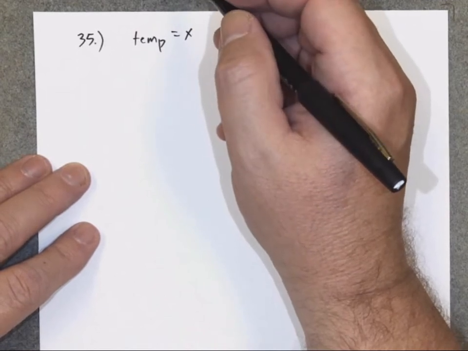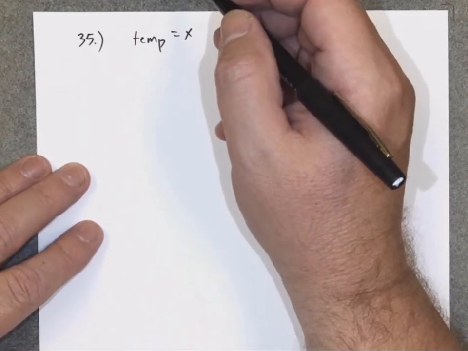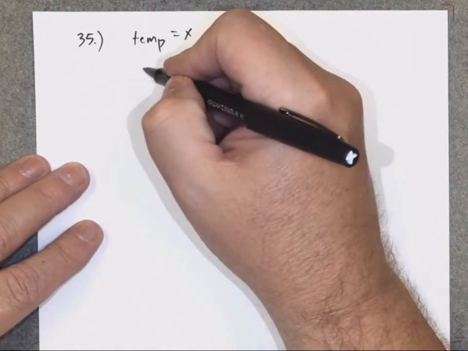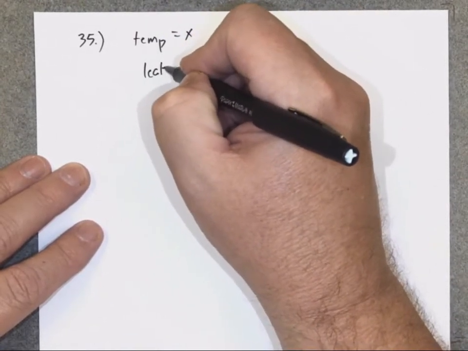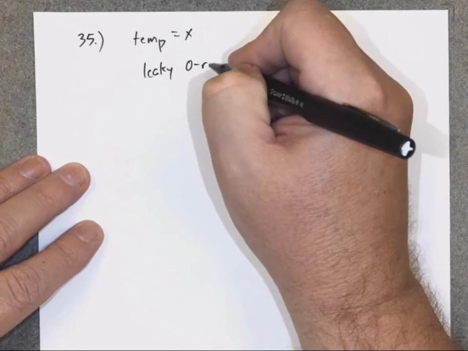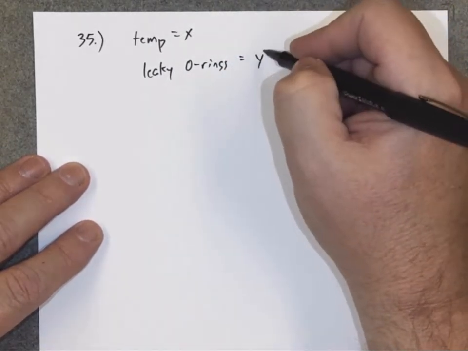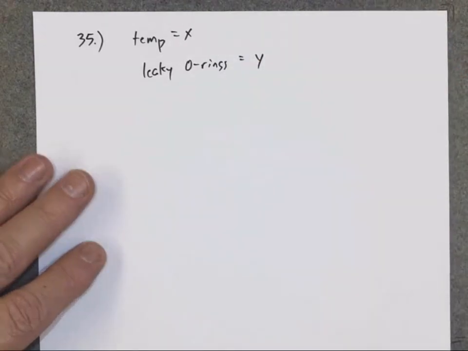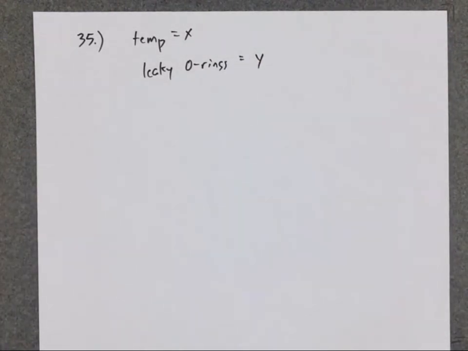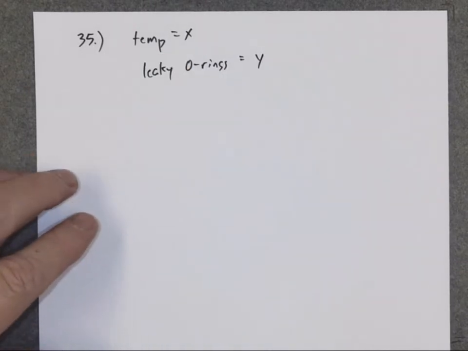Temperature X around the O-rings and the number Y of leaky O-rings. So the leaky O-rings is going to be Y. And then they give an equation that relates the leaky O-rings based upon the temperature.